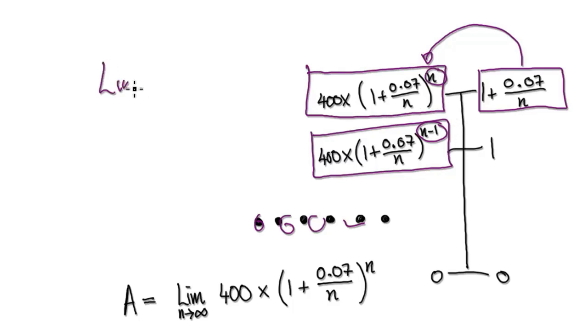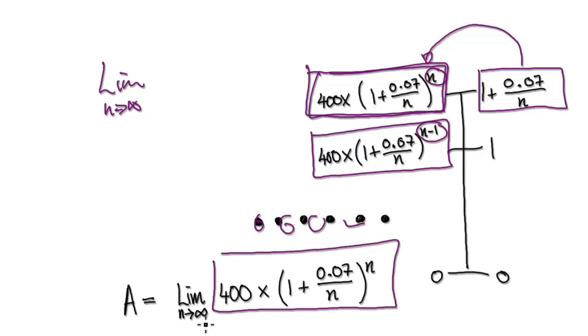Later on we can take the limit as n tends to infinity, meaning we continuously compound it. So our final amount would be given by this thing here, and then we take the limit as n tends to infinity, meaning we're going to compound it many times continuously.